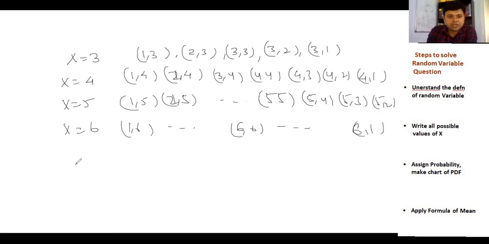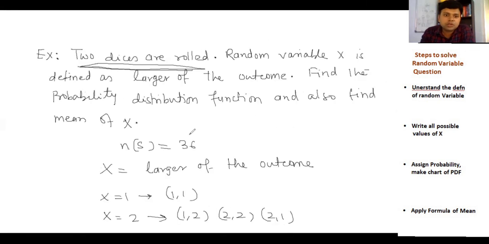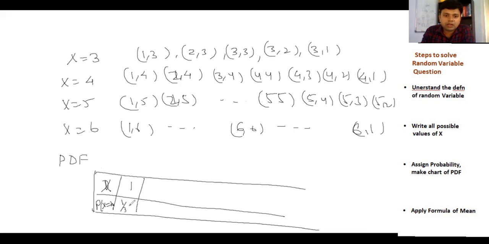So if I make a chart of the probability distribution function, it is x and probability of x is equal to xi. X is equal to 1: for x equal to 1, only one outcome, so probability will be 1 by 36.